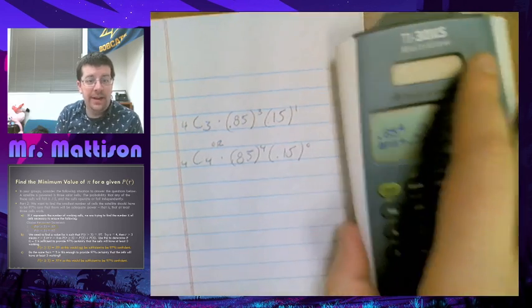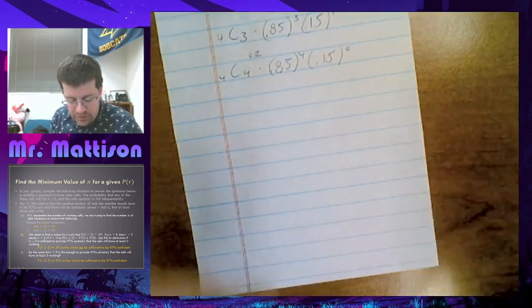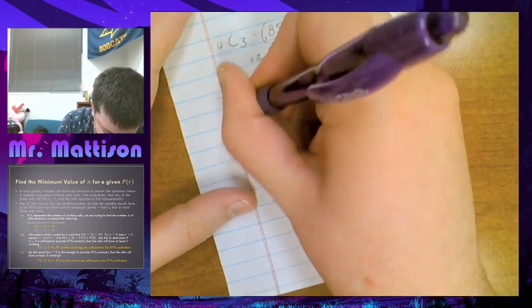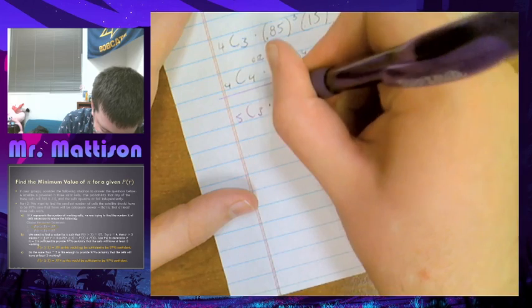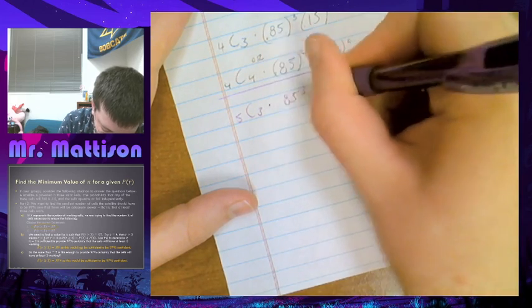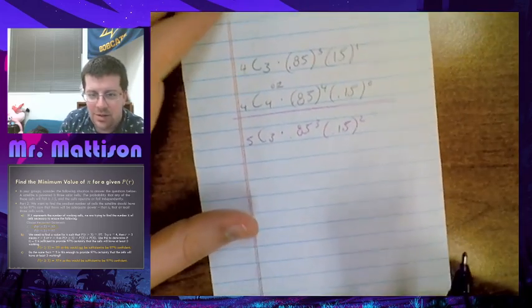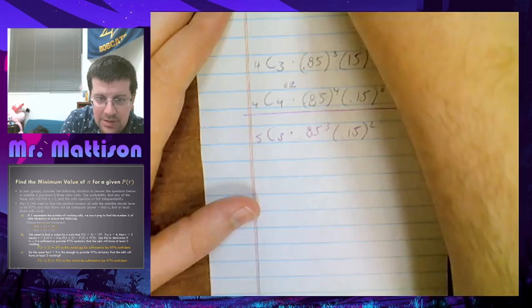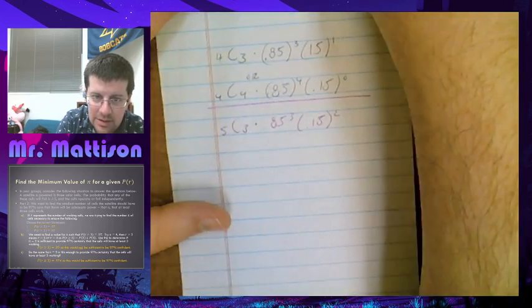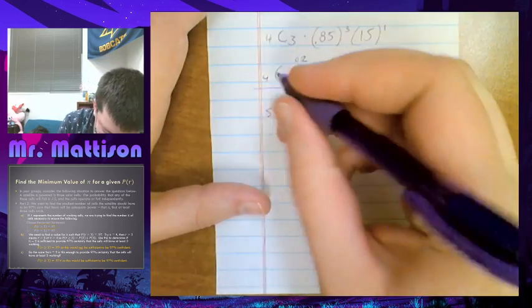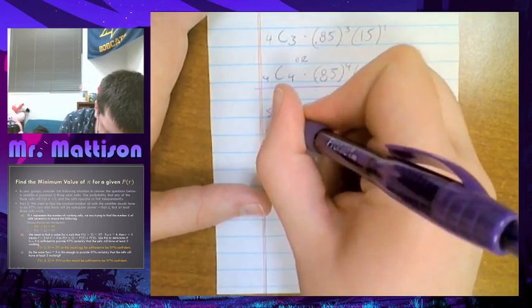So let's try 5 cells. For 5 cells, I have 5C3 times 0.85 to the third times 0.15 to the second now, because I need 2 failures in this case. So then I also need 5 choose 4.